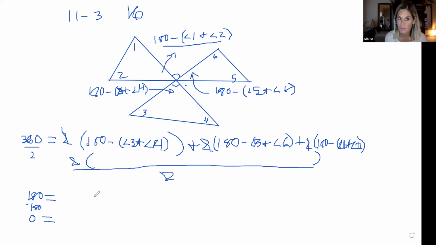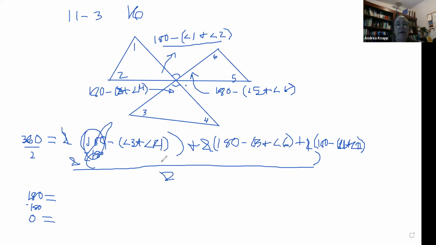Yep, so I can only subtract it off once. Oh, okay. So that one, at least, will go away. Okay, so let's see what I have left now on the right-hand side. I've got a 180 here plus a 180 there, so I've got 360 on the right.